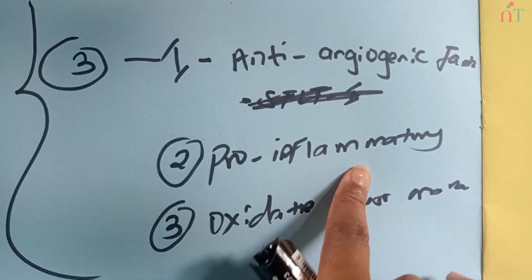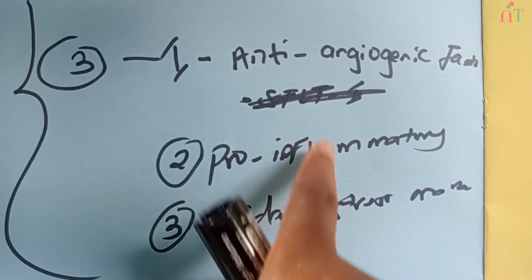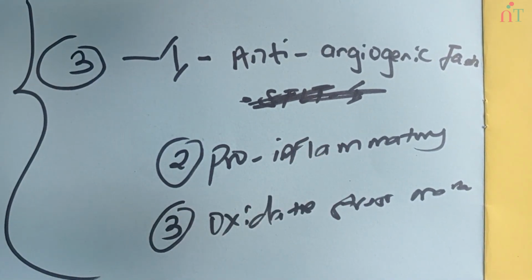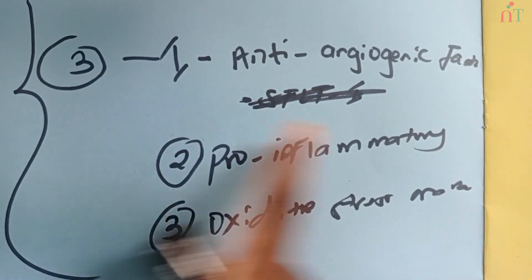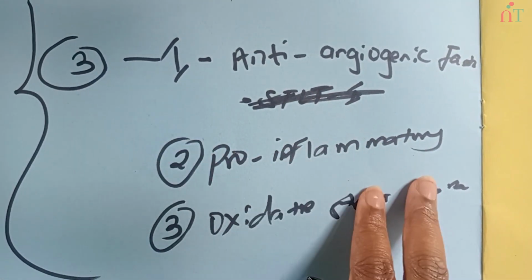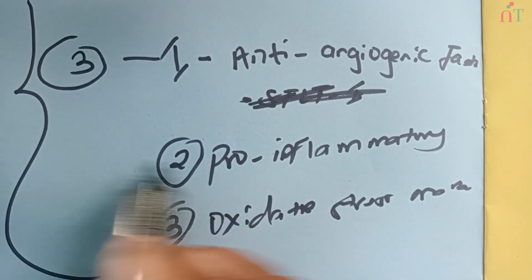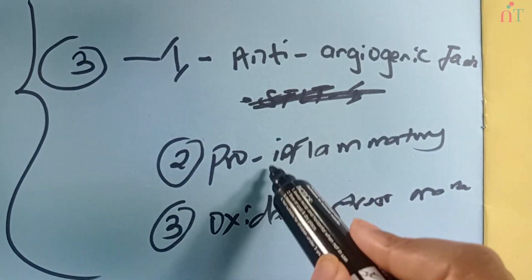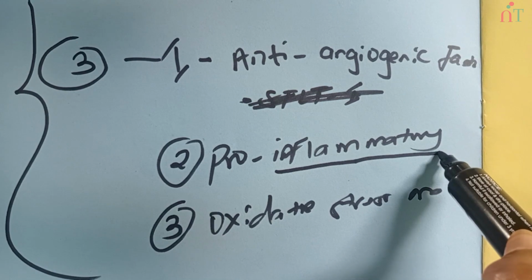That is why we said that this is a systemic condition, because it is going to affect almost all blood vessels. And then the other work is to cause multiple organ damage, and the other work of these harmful molecules is to cause widespread inflammation.